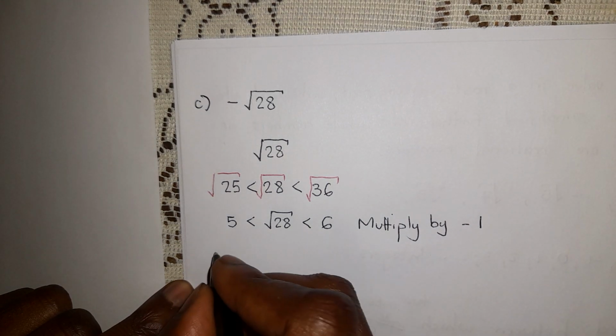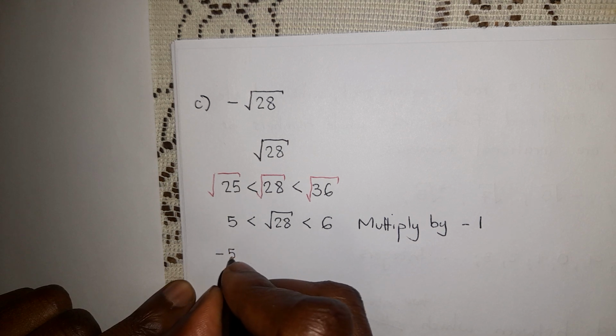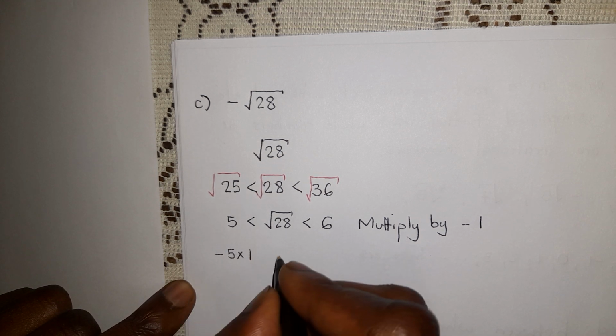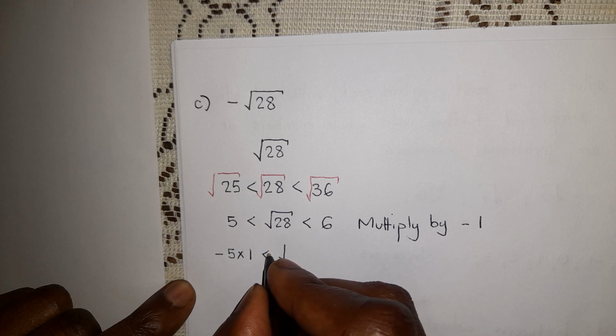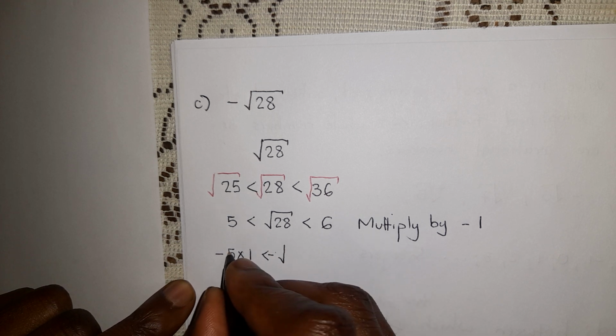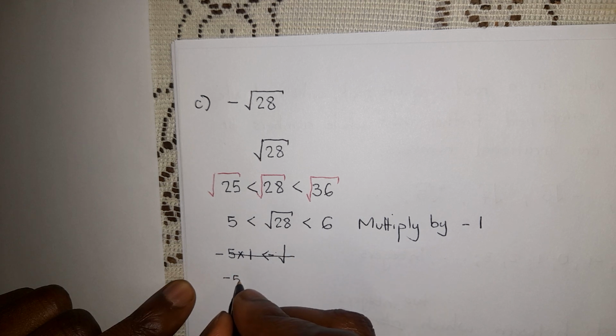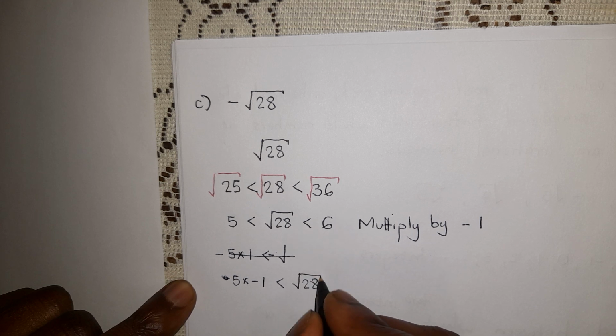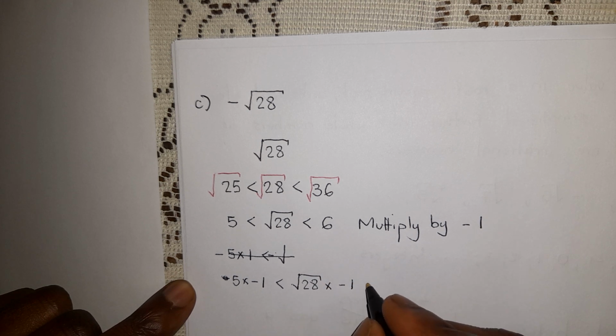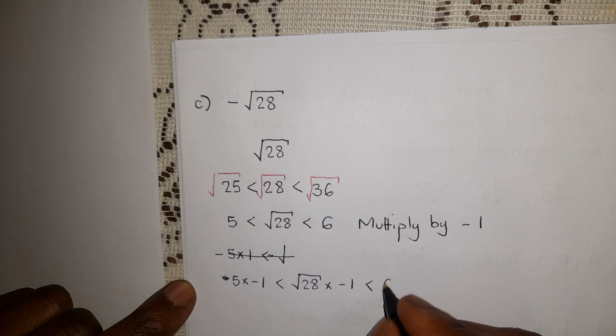Then we are going to take negative 5 multiplied by 1. We still have the inequality. This one is also multiplied by negative 1. Negative 5 times negative 1, you still have your inequality, which is root 28 multiplied by negative 1, and then you have 6 multiplied by negative 1.